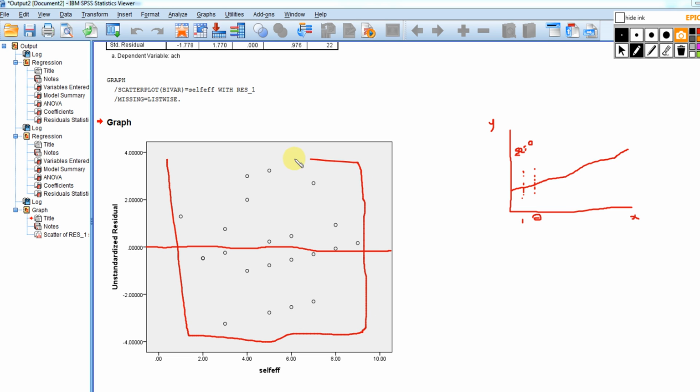So I only had 22 cases right here, so it's probably not as clean as what we would like. But basically what we would not want to see is a pattern that might look like this. Let's say I have the mean of the residuals here. What I would not want to see is, at low values of x, something that looks more akin to this, where you have sort of a cyclical pattern. In this case, this would be indicative of non-constant variance.